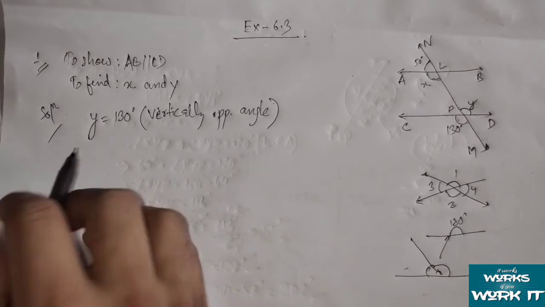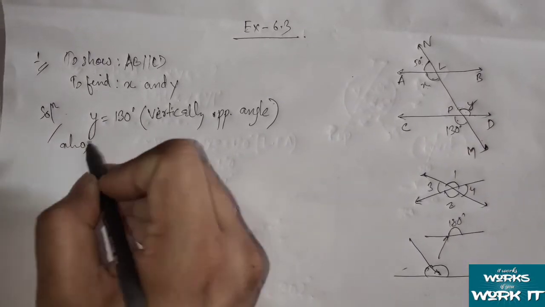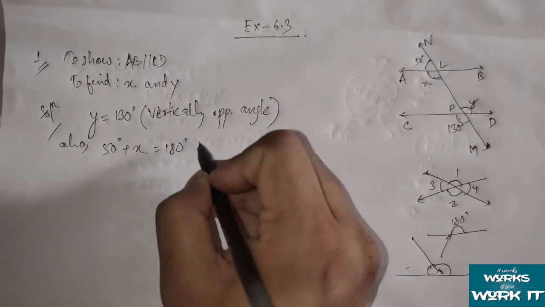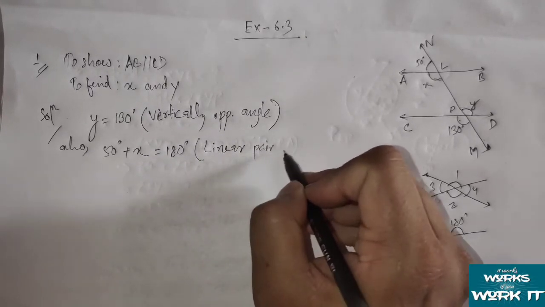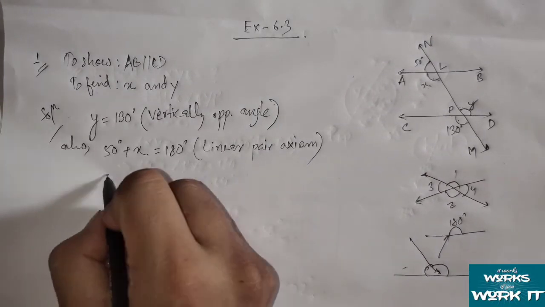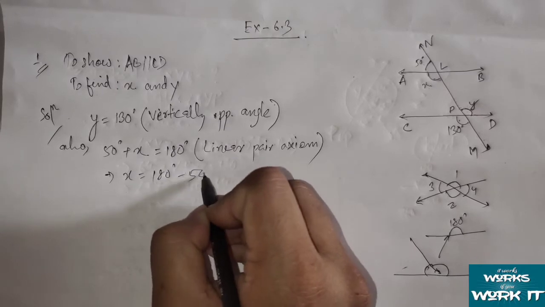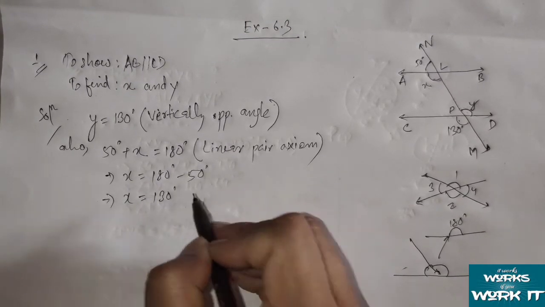So by this property, 50 degrees plus x will be equal to 180 degrees. Why? Linear pair axiom. From here we can find the value of x: 180 minus 50 degrees, and we get x is 130 degrees.